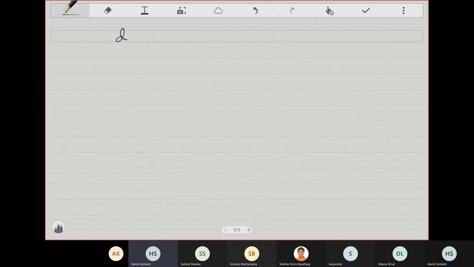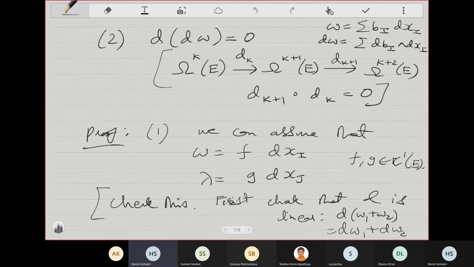And then D of C omega equals C times D omega if C belongs to R. So all these are vector spaces. This omega k is E and these dk's are linear maps. So use that, and then use the definition of exterior multiplication.